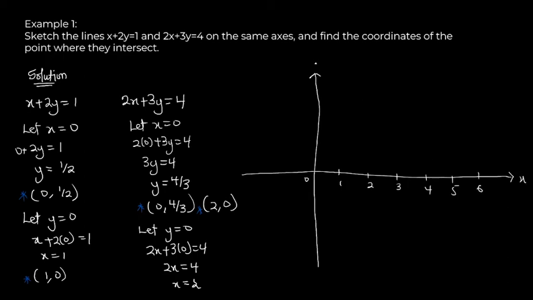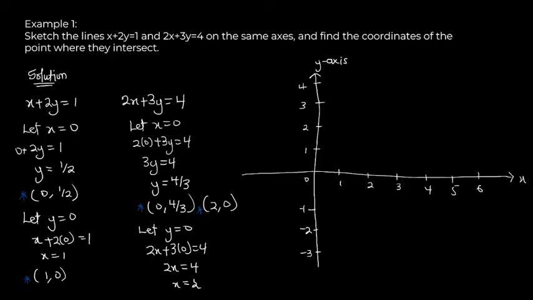This is the x-axis, this is the y-axis. Then I have from here 1, 2, 3, 4. I have -1 here, -2, -3, and so on.